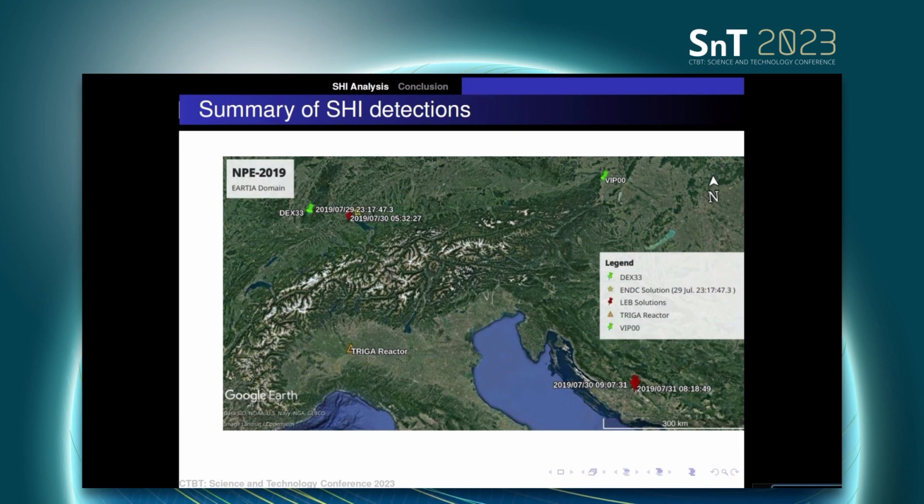In summary, the locations they determined are colored by red bullets, and the reactor is a yellow triangle. So we have three seismic events in that domain.